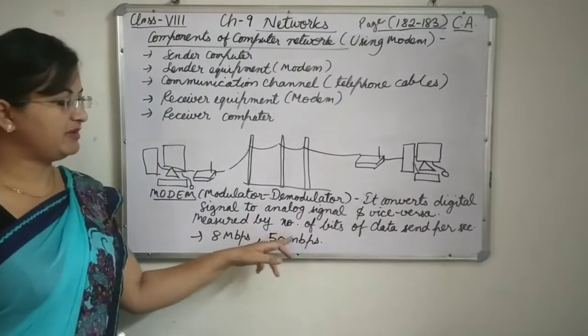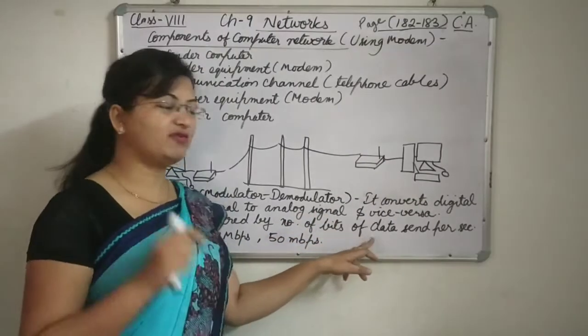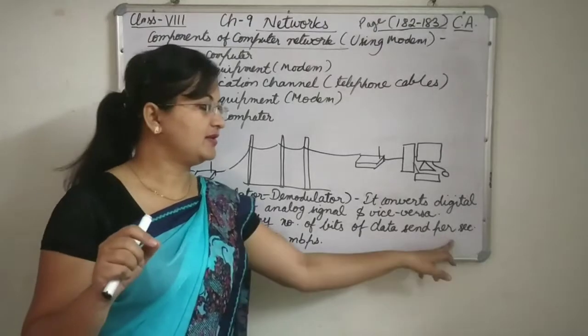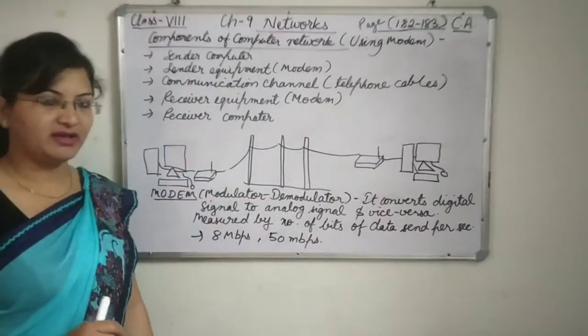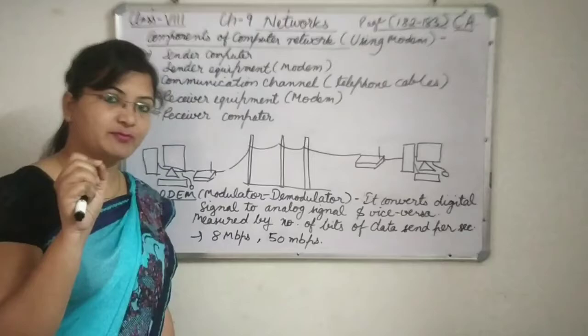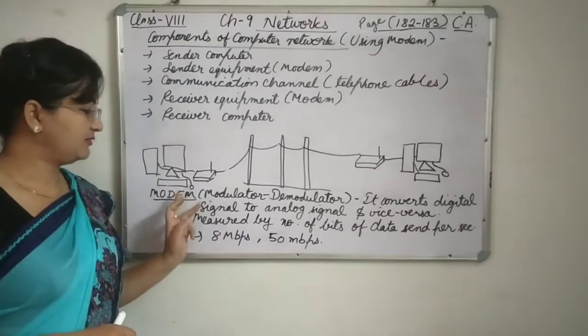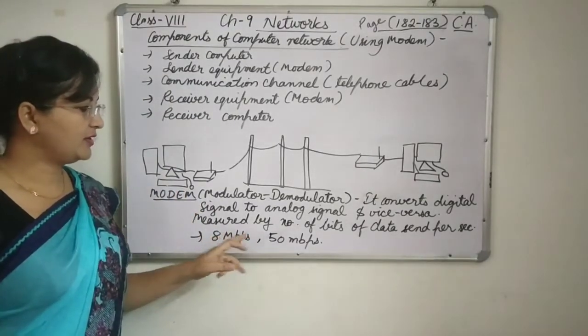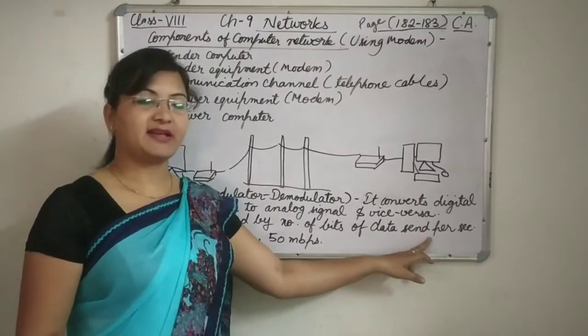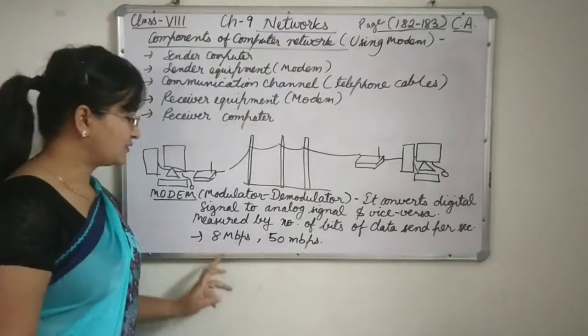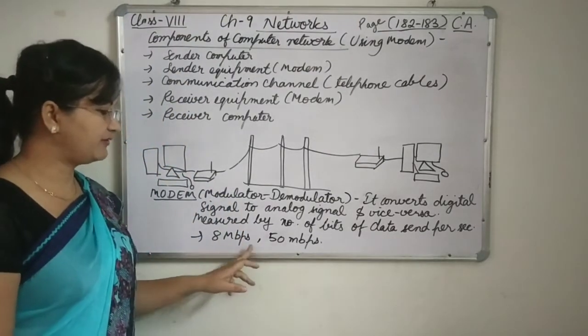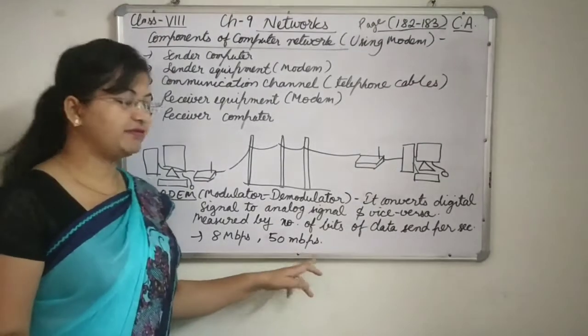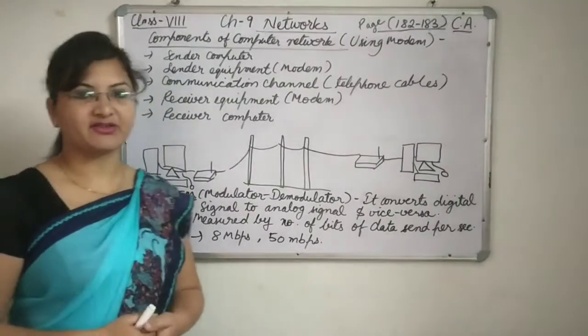Now it can be measured by the number of bits of data sent per second. The number of bits sent per second will be measured by the modem. So here there can be examples of an 8 Mbps or 50 Mbps modem, etc.